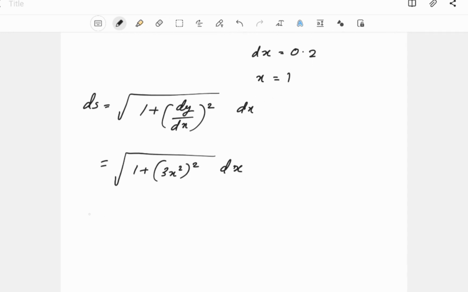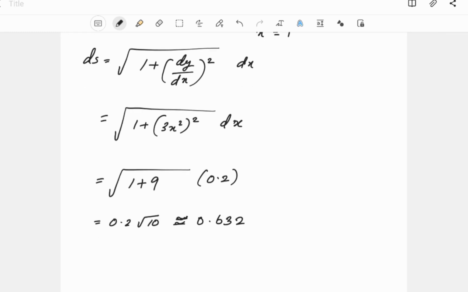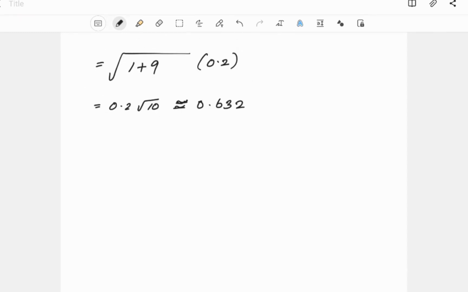Substituting x equal to 1, we have the square root of 1 plus 9, times 0.2, that is 0.2 root 10, which is approximately 0.632. So the approximate arc length is 0.632.